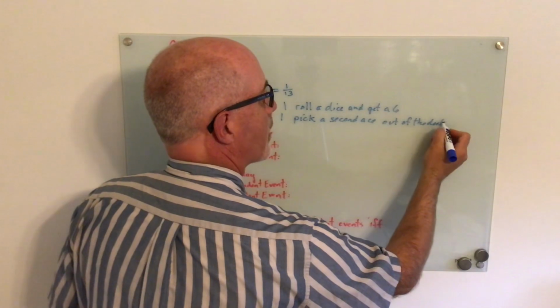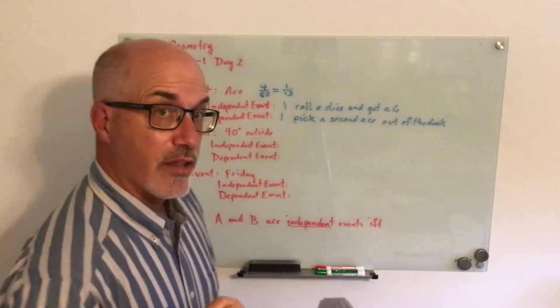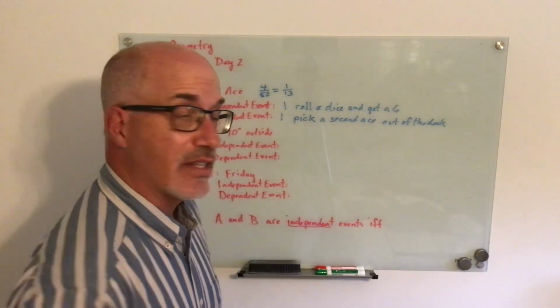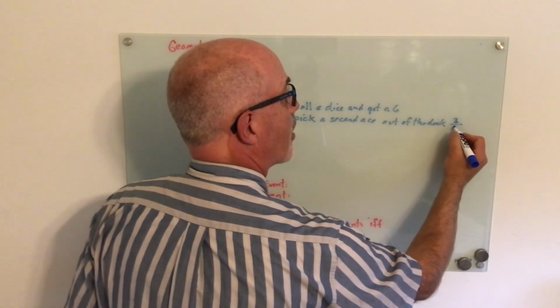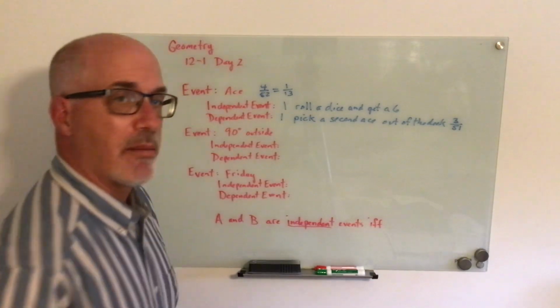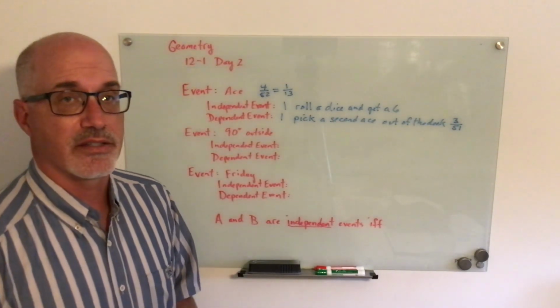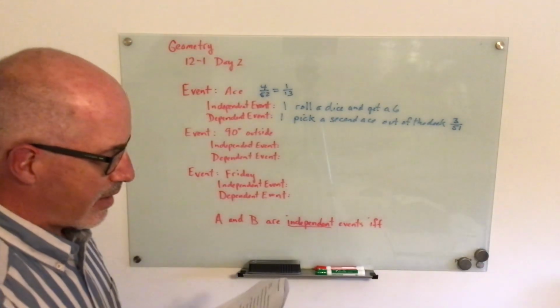Notice that this one is dependent because now there are only 3 aces left in the deck of cards and there are only 51 cards left. So the probability is different in this case. So that's a dependent event.